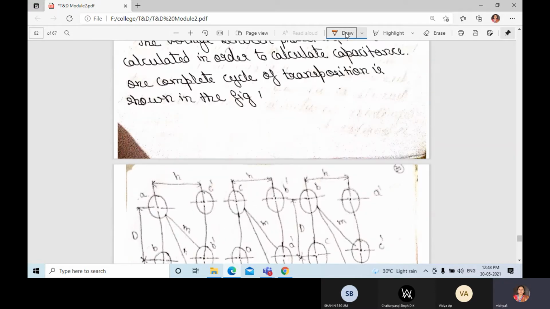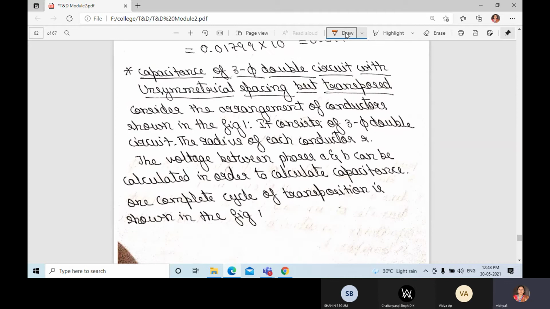We already know what transposition is. Consider the arrangement of conductors as shown in the figure. It consists of a three-phase double circuit. The radius of each conductor is R. The voltage between phase A and phase B can be calculated in order to calculate capacitance. One complete cycle of transposition is shown in figure 1.